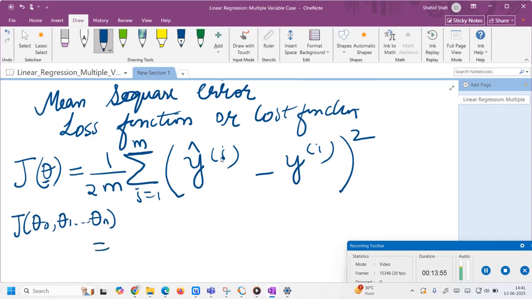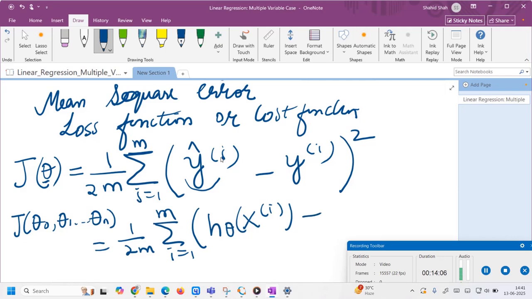And we can also write it as 1 over 2m summation i equal to 1 to m. We can here write what is the estimate? It is h theta of x i minus y i, squared.